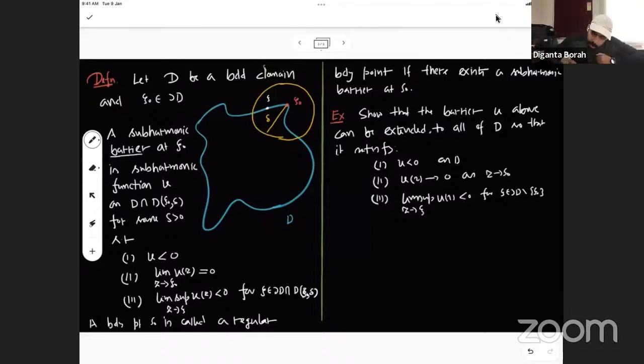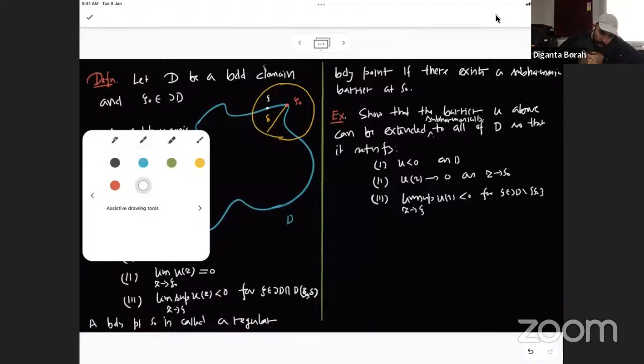Extended means extended subharmonically. So if you find a local barrier, you can extend it to a global barrier. All these properties remain true: it is subharmonic, it is negative, it goes to 0 at zeta naught, and the limsups are negative elsewhere. This is an easy exercise, so I just leave it to you. Okay, some examples would be good at this point.